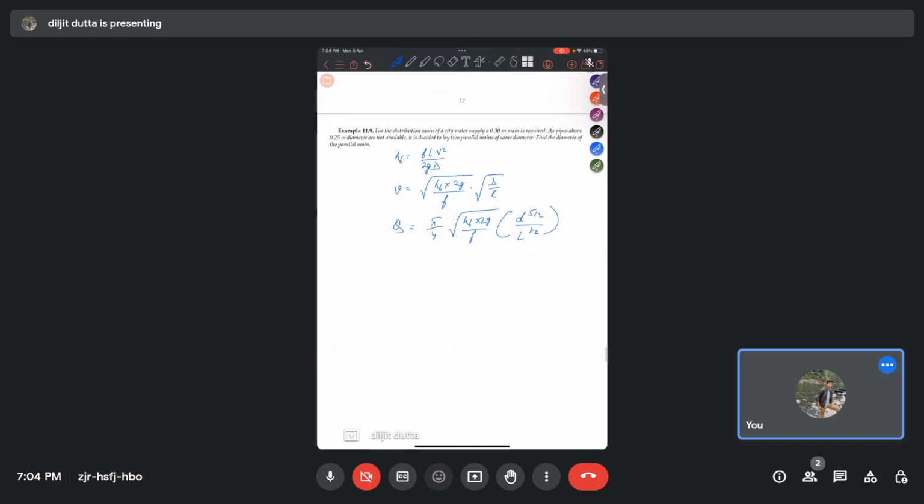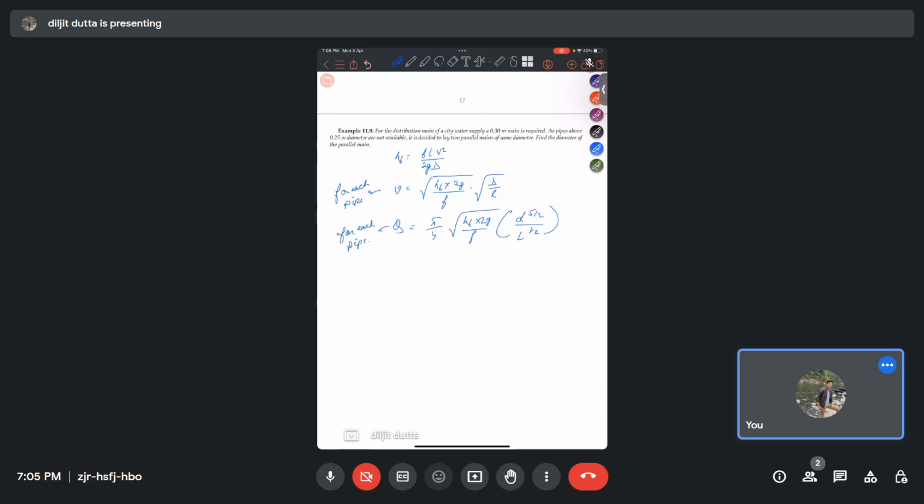This is velocity for each pipe. This is discharge for each.